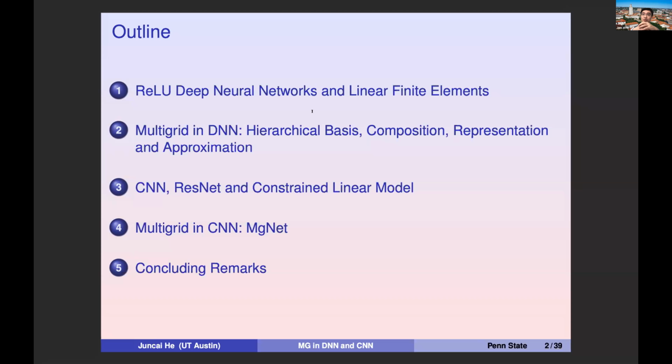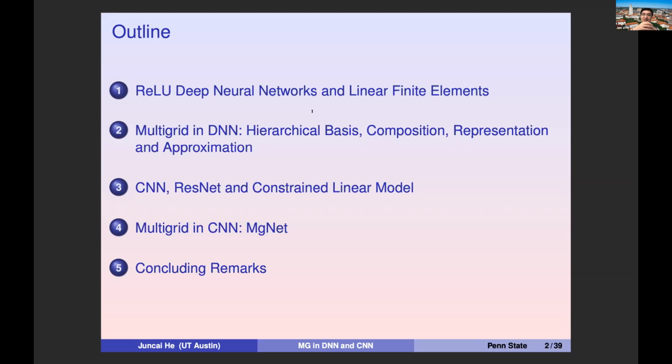Then we move to how to involve multigrid in CNN. First we will talk about some basic structures of CNNs, and I guess the most popular structure is ResNet. We will use a constrained linear model to interpret the role of the basic block in ResNet, and based on that, we will study how we can use multigrid to study CNN.